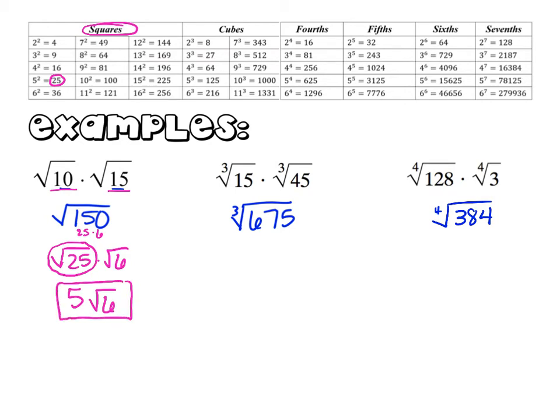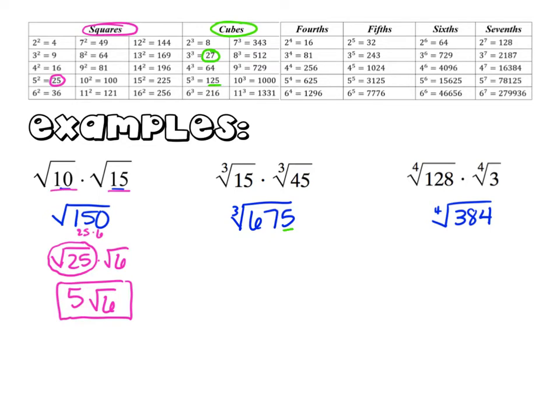In the second one, the biggest perfect cube that I can divide 675 by. Maybe I'm going to try 125 first, but that gives me a decimal, so it must not be 125. It's not going to be an even number because it doesn't end in an even number. So what if I tried 27? Oh, yep, 27 works.